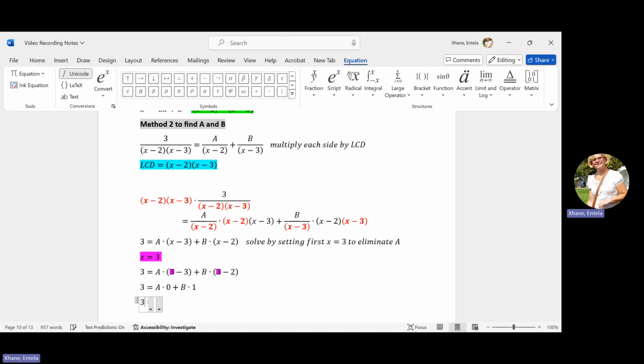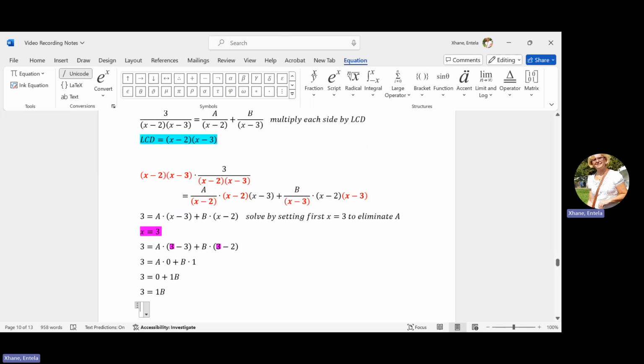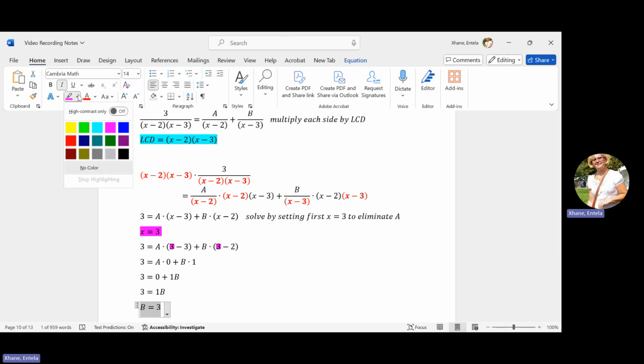So that is 3 equals a times 0, which is 0, plus 1b. So that's going to be 3 equals 1b, which is b. So that makes b equals 3. And then that's one solution, which I'm going to highlight in yellow, okay?